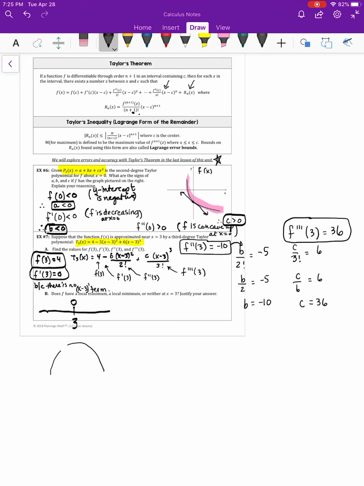So it's negative. That means we had concave down here. And if we have concave down, that means we have a maximum at 3. This is the second derivative test.